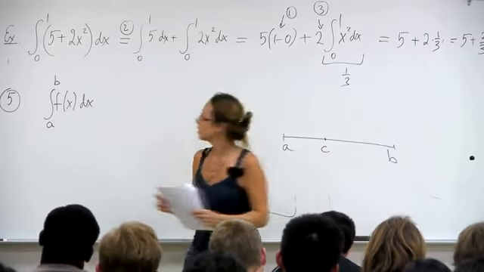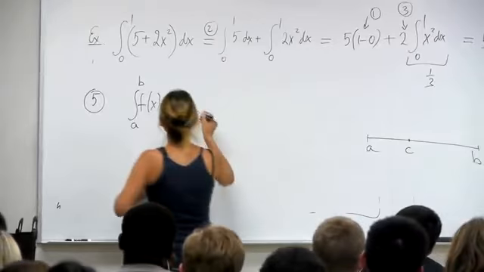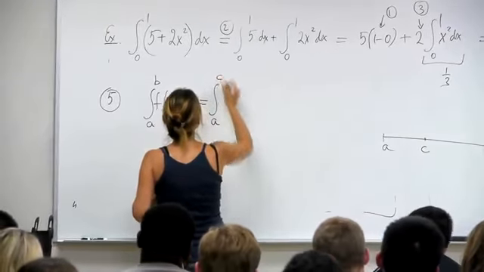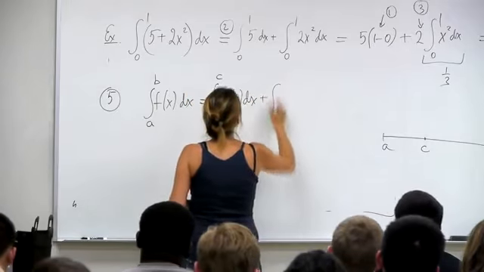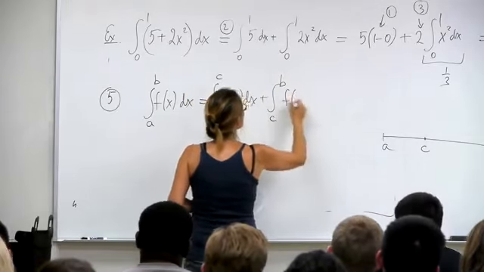Okay? Then I can rewrite this integral as the sum of the integral from A to C plus an integral from C to B.